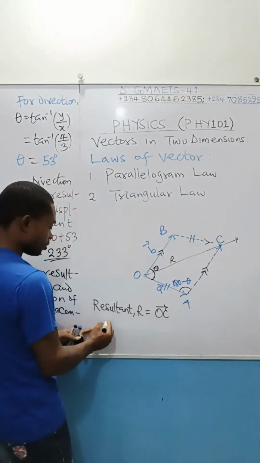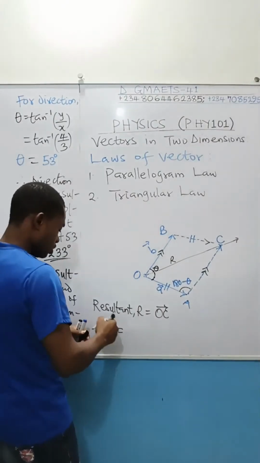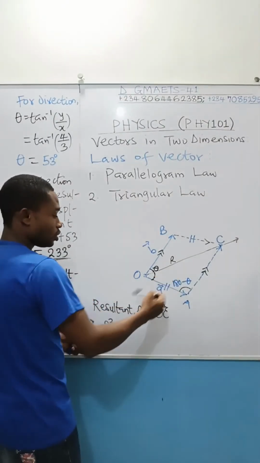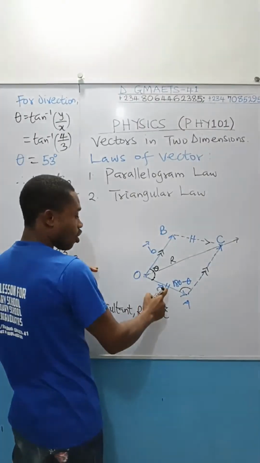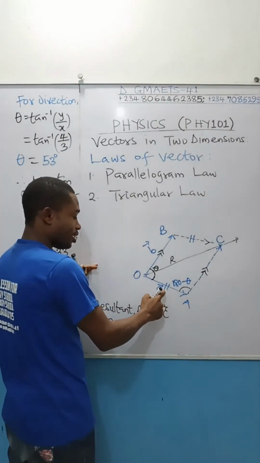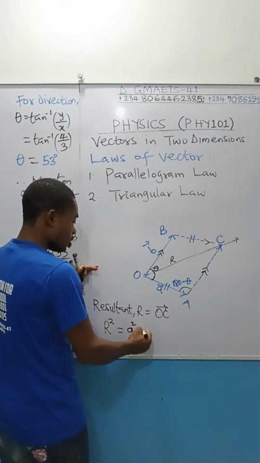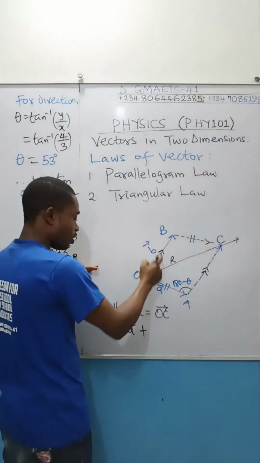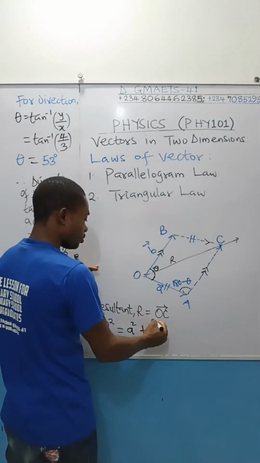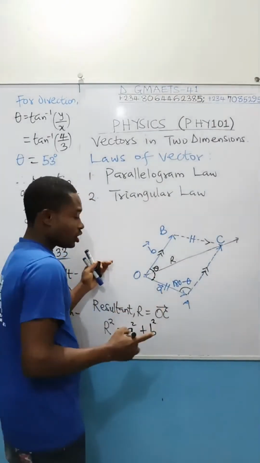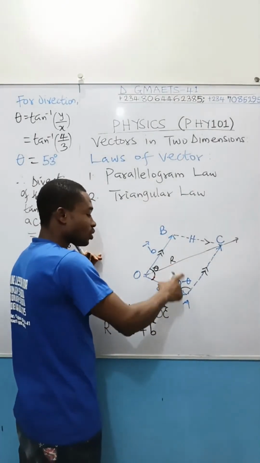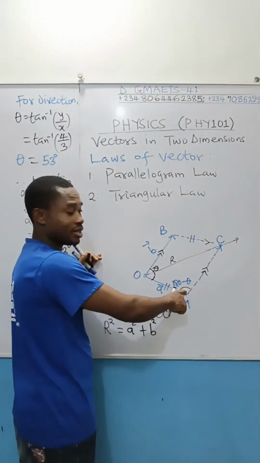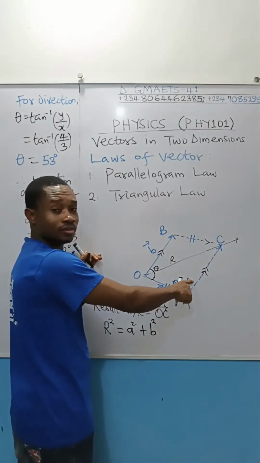The square of the resultant will be equal to the square of this A plus the square of this B.